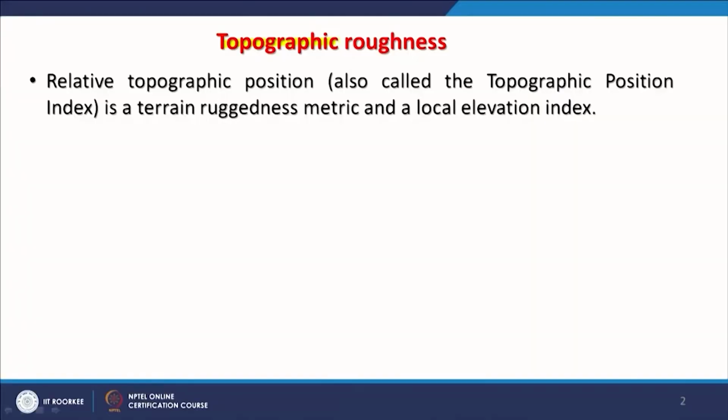So this topographic roughness, if we want to define it, is the relative topographic position, or also in literature you may find topographic position index, a terrain roughness metric and local elevation index. That means some ratio is there. Now, this topographic roughness, or we can also call it ruggedness, is defined differently depending on which type of calculation we employ.